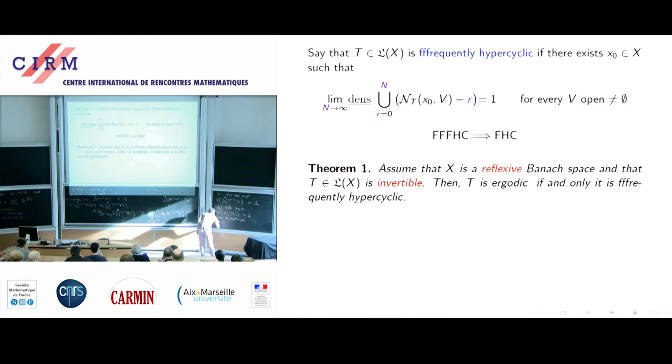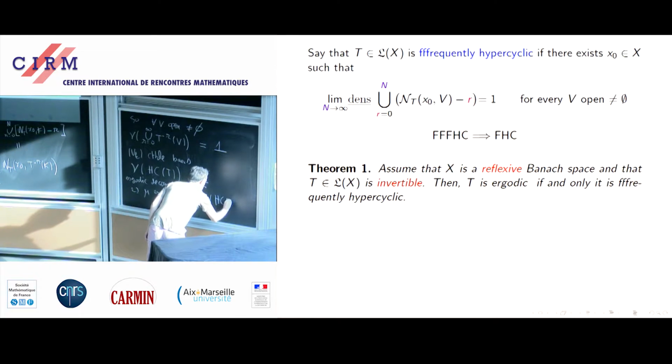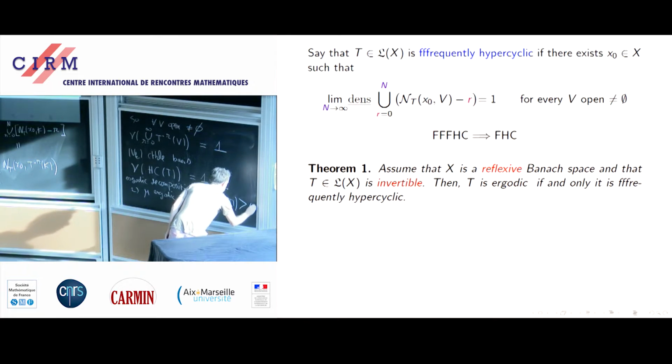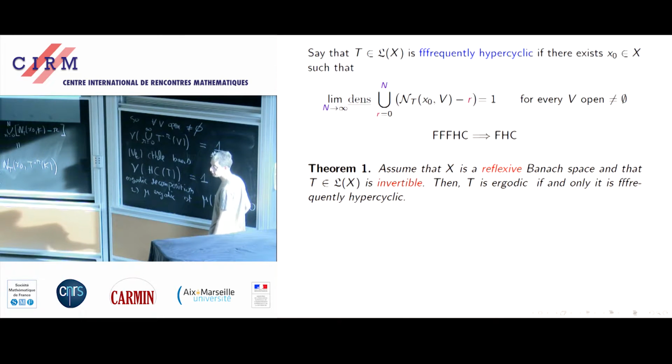And this gives you an ergodic measure such that the measure of this set is non-zero. And this condition implies that, in fact, it has full support.